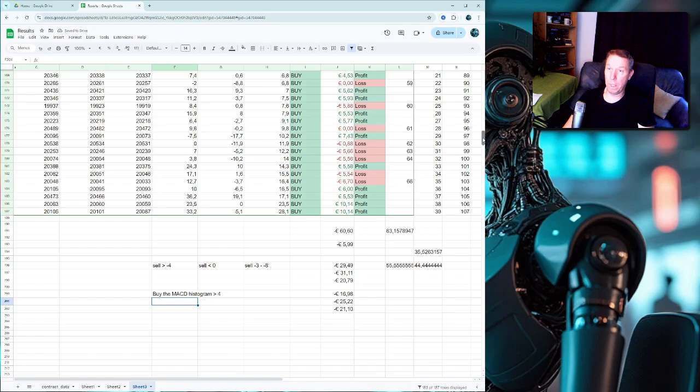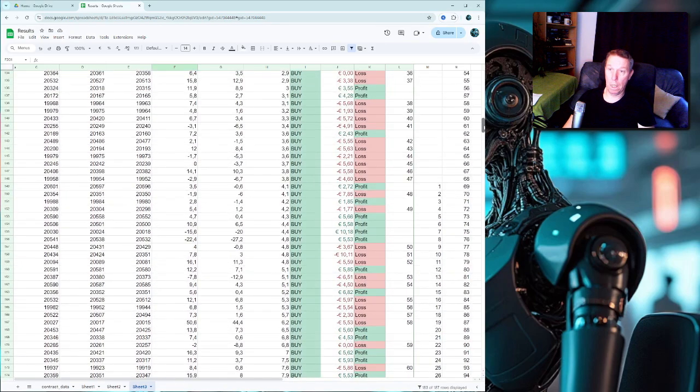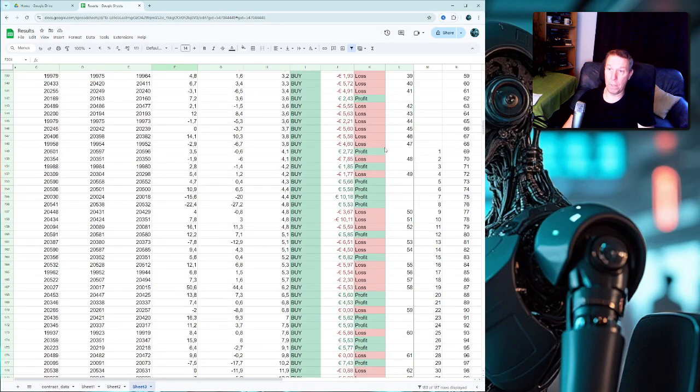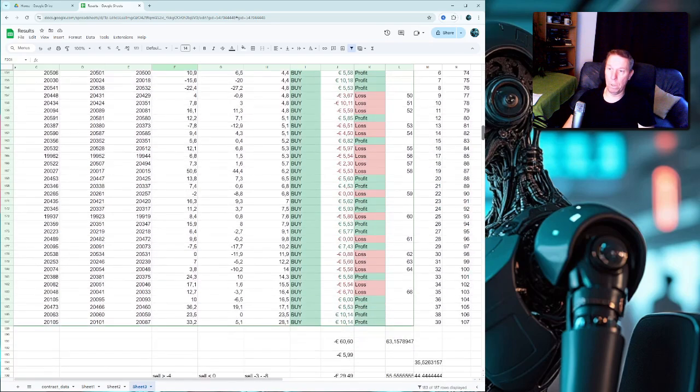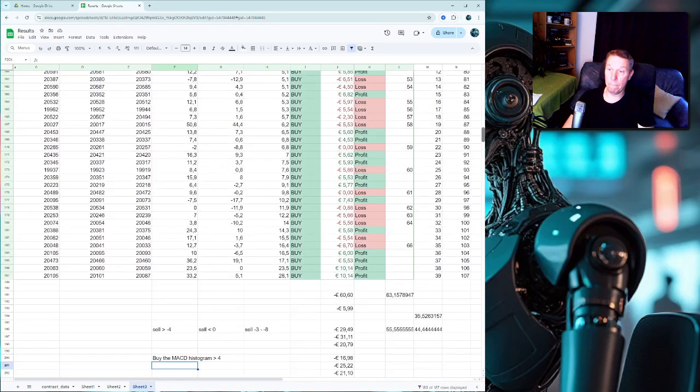That's what we said. Larger than 4 for the MACD histogram. That means there are losses, but in total there was more money out of it.